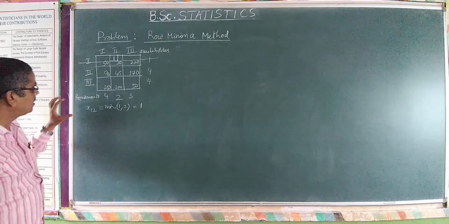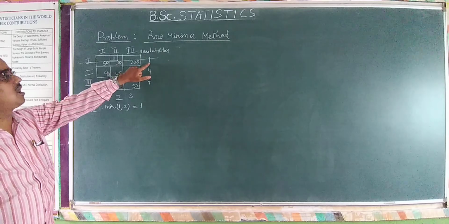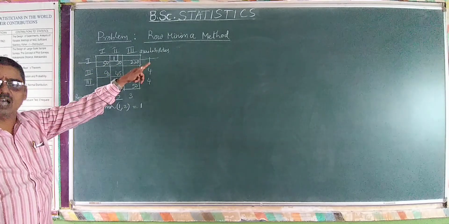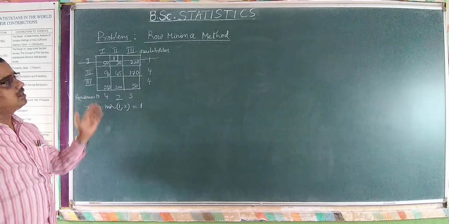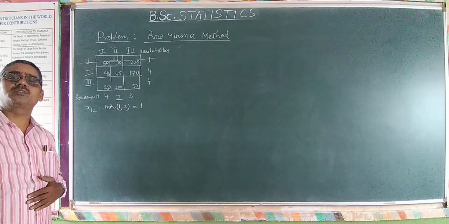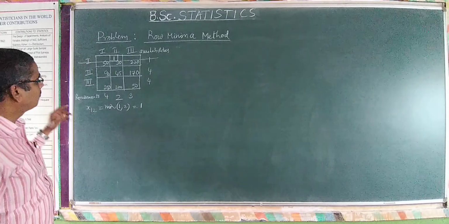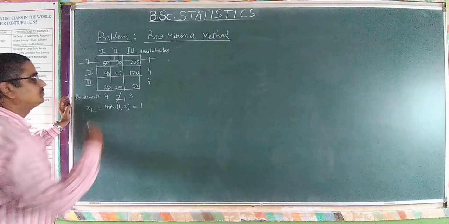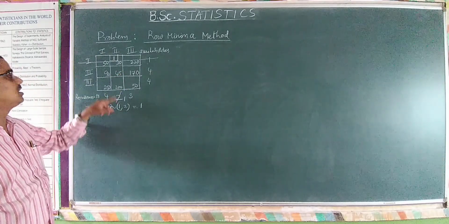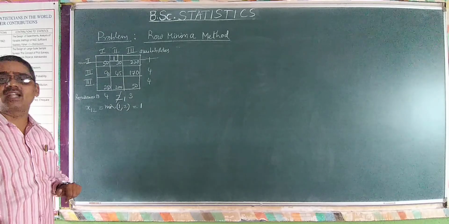Here you have to write: availability at the first origin is exhausted. Therefore, you cancel the first row and make the next allocations starting with the next row, that is the second row. The remaining balance here is 1, because 1 unit was already sent to the second destination.